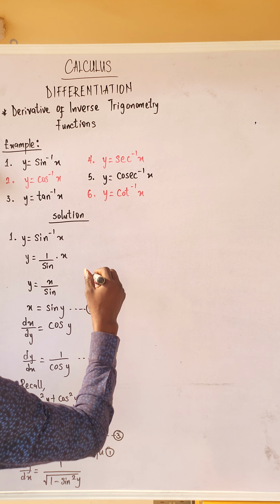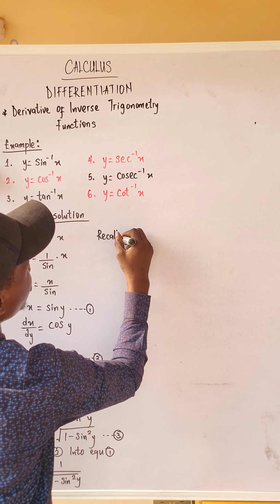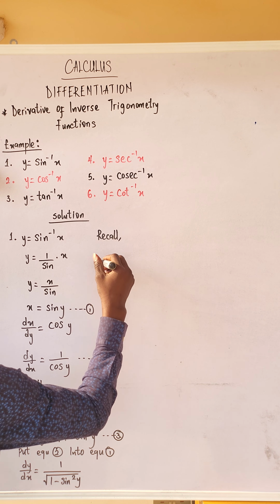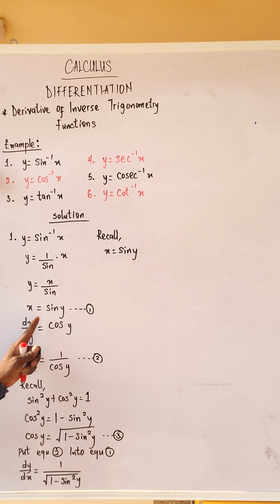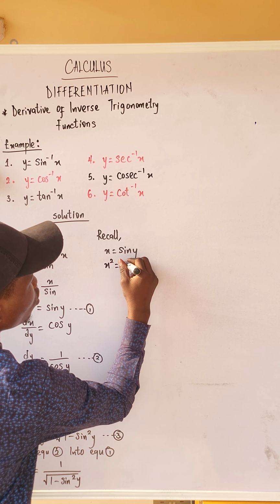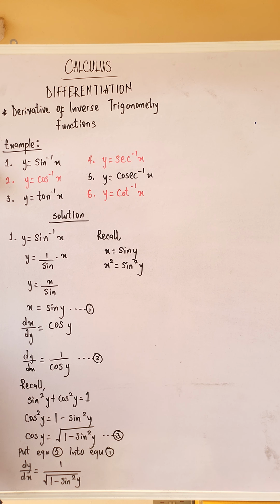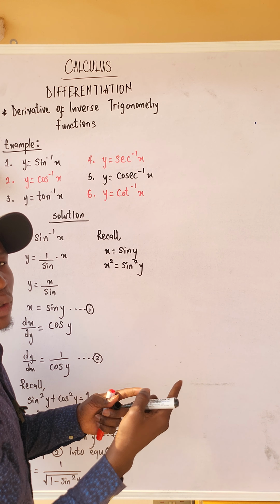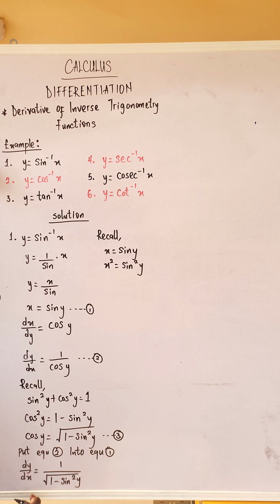Now, let's recall from equation 1 that x equals sine y. Meaning that x square will be equal to sine y times sine y, which is sine square y. So let's come back to this place.